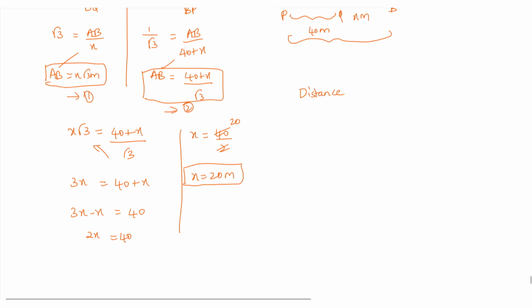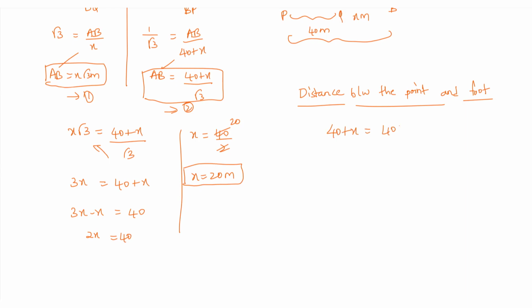Distance is what they asked us to find. Distance between the first point and foot of tower, I mean the point on the tower. That is, we get 40 plus x as 40 plus 20, which gives us 60 meter.